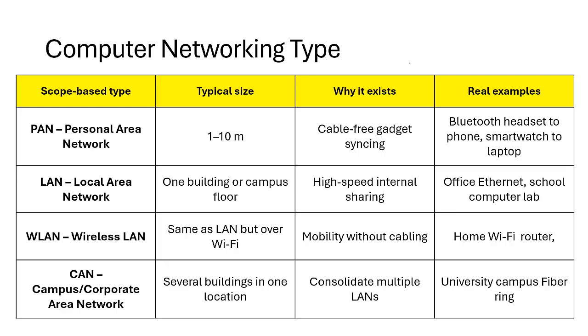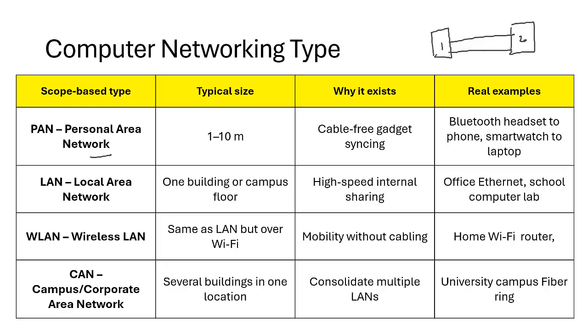We have different types of computer networks. First is called a PAN, personal area network. Let me give an example. This is your phone 1 and this is your smartphone 2. We're using Bluetooth. I'm sure in your phone you have a Bluetooth option, and through Bluetooth you exchange a file. Today we use WhatsApp to exchange messages and images, but it was not like that before 2012 or 2015.